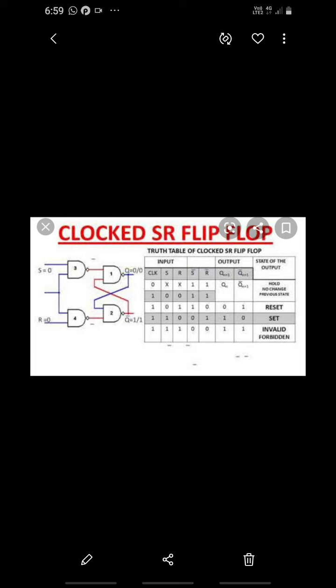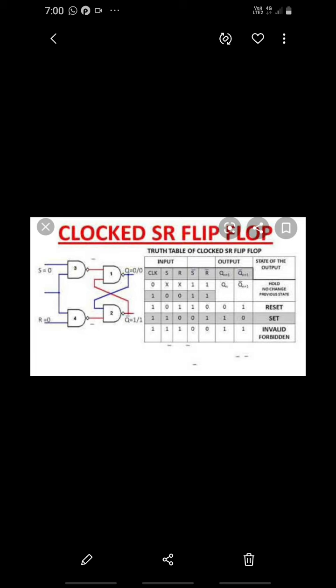So, the truth table of the clocked SR flip-flop is as shown in above PPT. Clock is 0, then SR is invalid, XX, so state is no change. When the clock is high, that means 1, applying input 0, 0, then output is the previous state.